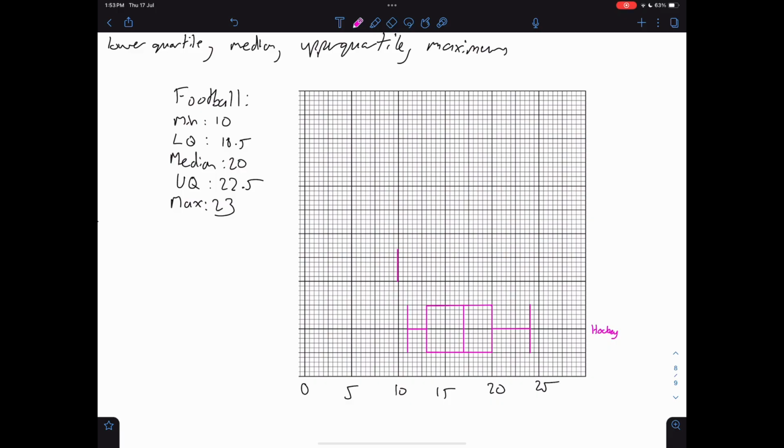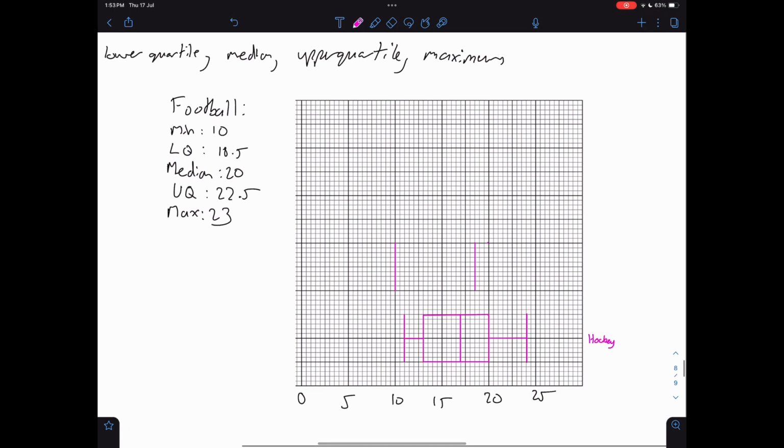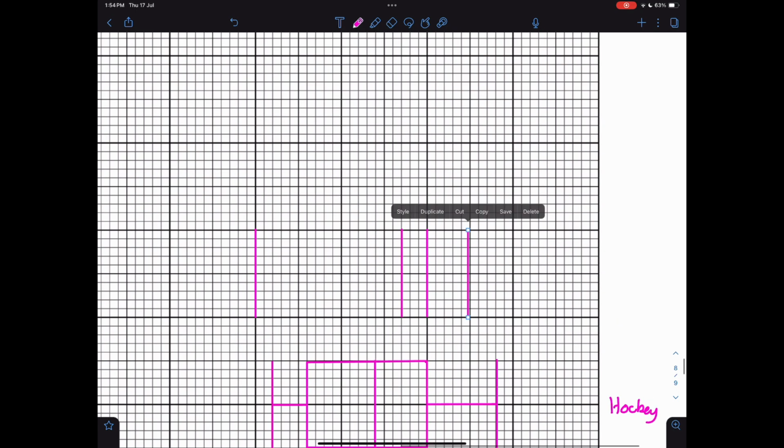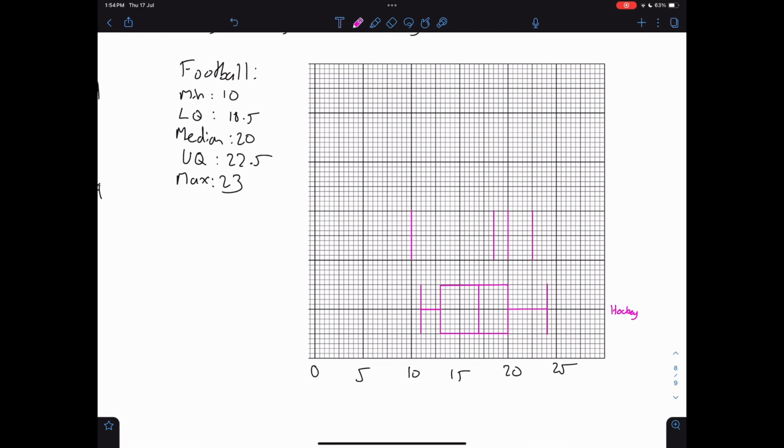We rule our lines at all of those points. 10, then 18.5, then at 20, then at 22.5, then at maximum at 23.